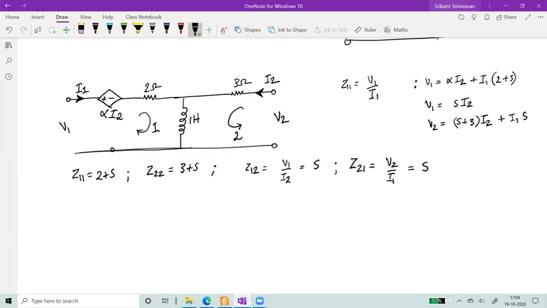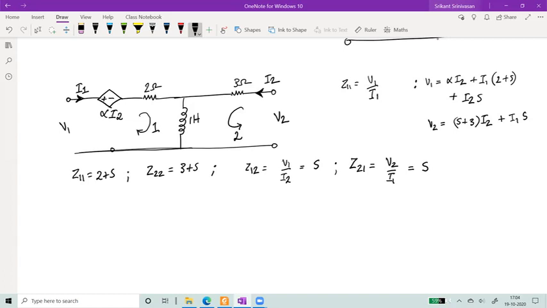So the first equation V1 is alpha I2 plus I1 into 2 plus S plus I2 into 2 plus S. So let me just erase this and directly write this as plus I2 S. And then V2 is S plus 3 I2 plus I1 into S. Okay, so these are the two equations.